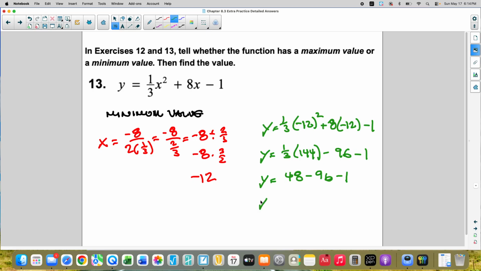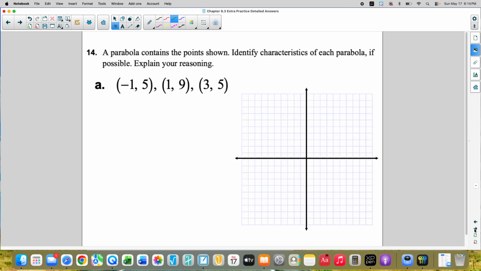Yep. And that's going to be negative 48, negative 49. So it has a minimum value of negative 49. That point would be negative 12, negative 49. Yay.